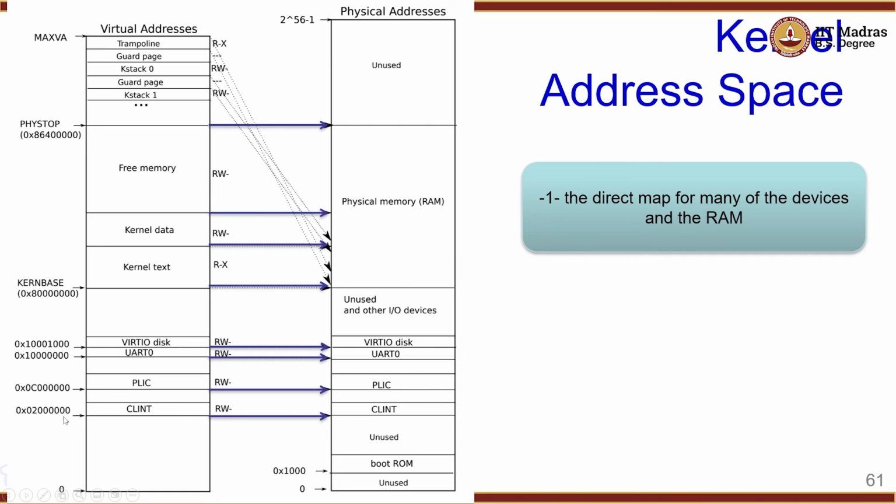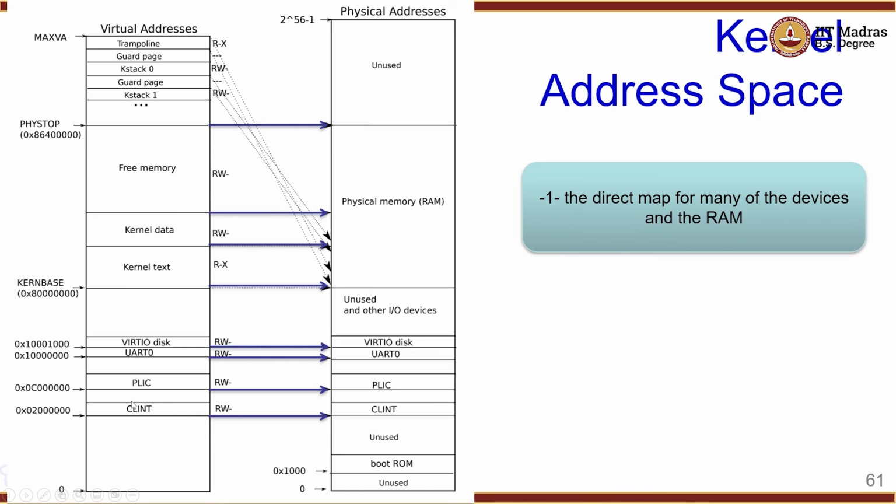So for instance, at 2 million is where the CLINT, the core local interruptor, is mapped, and it's mapped directly to the physical address at that same location, which is 2 million. Similarly, for the other devices also, like the UART0, it is mapped directly and so on.